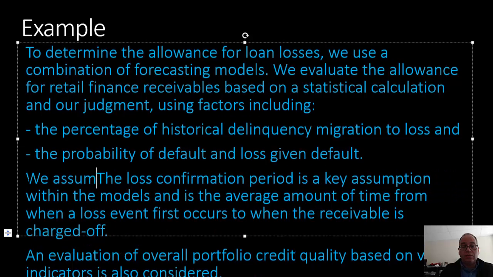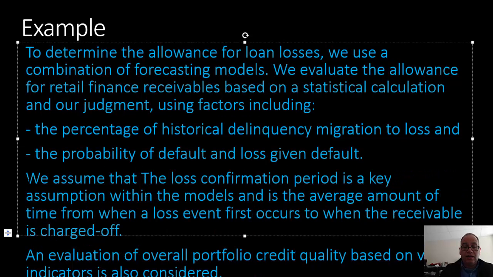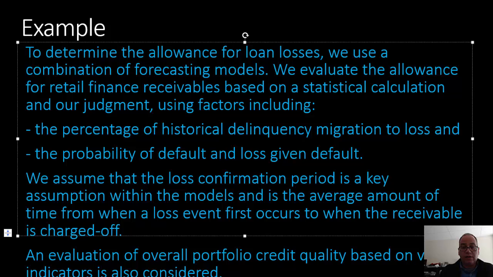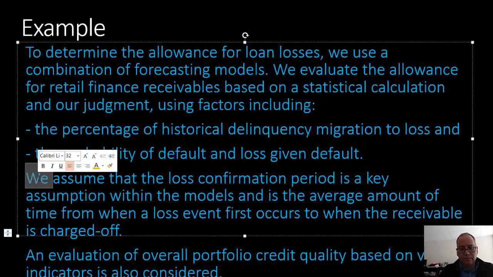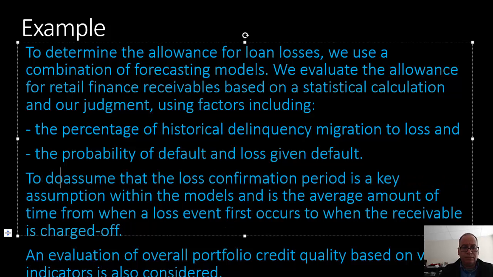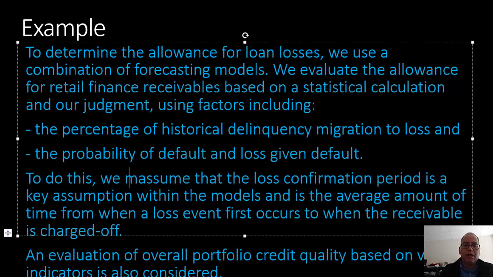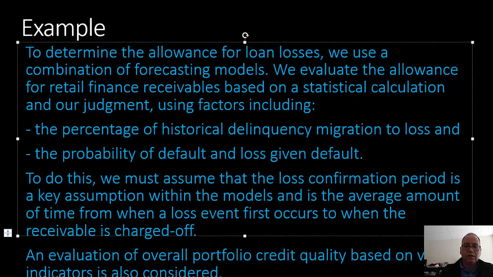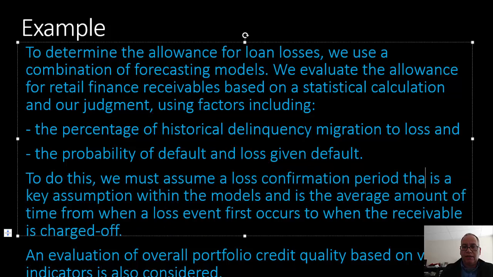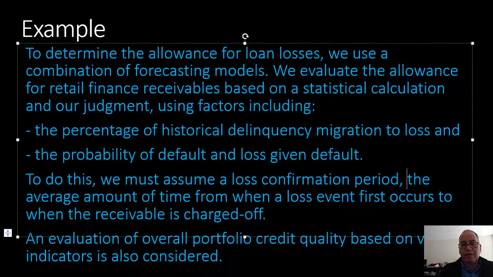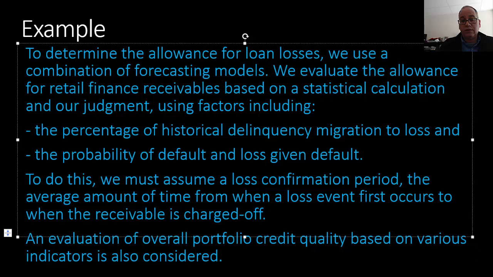We assume that the loss confirmation period is the average amount of time. We must assume a loss confirmation period. That is, the average amount of time from when a loss event first occurs to when the receivable is charged off.